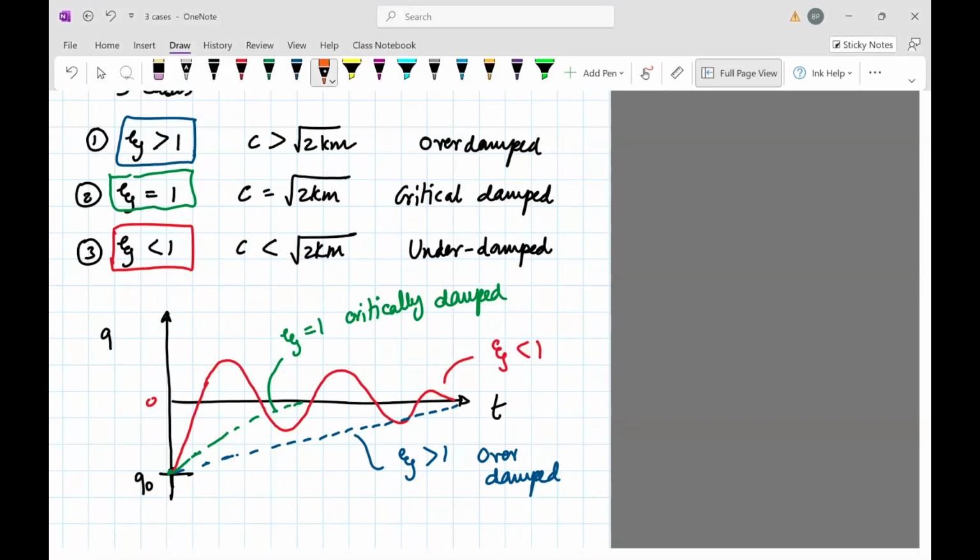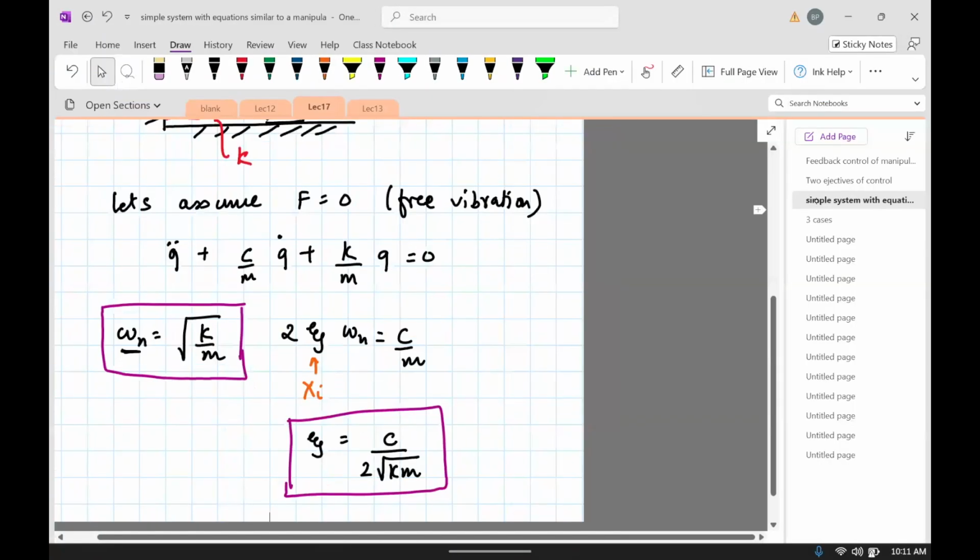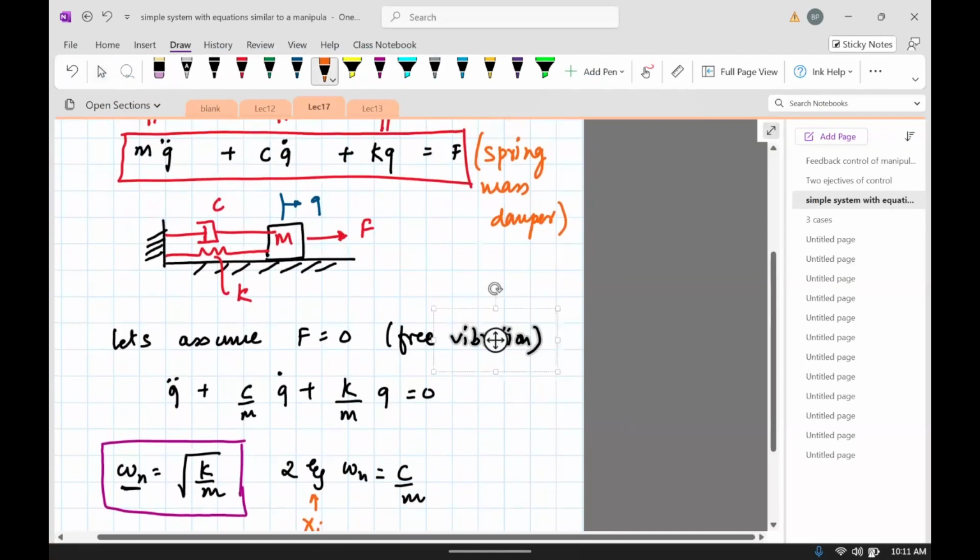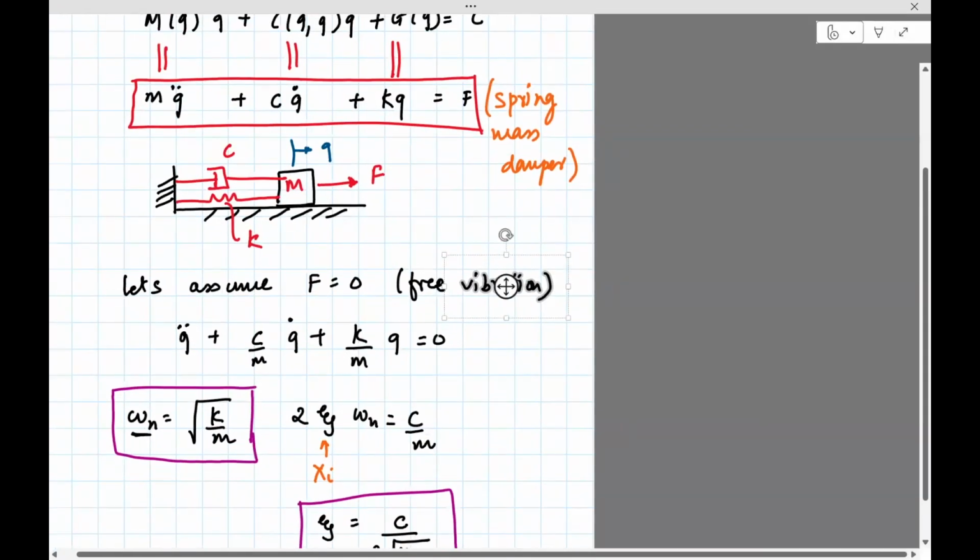Okay, so the overdamped case basically gets you to zero, but it takes a longer time than it takes for the critically damped case. And then the underdamped case basically shoots up and down over the zero. When we're looking at a control system, let's say that the spring mass damper was our control system. Because there are unwanted forces, those forces are driving the system away from the zero.